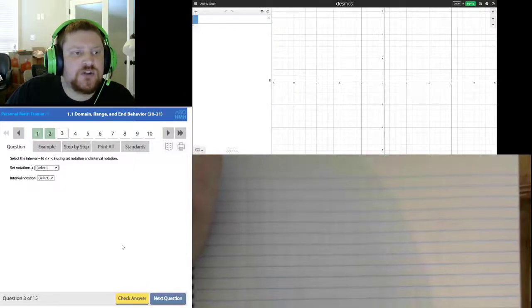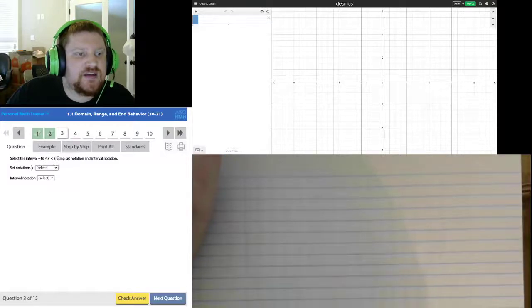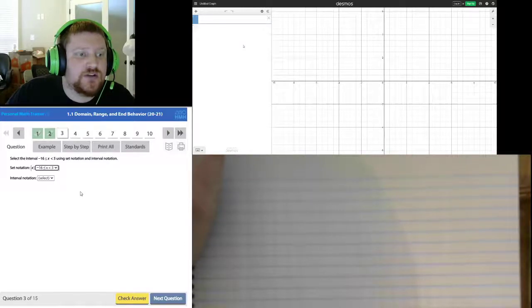Moving on to question 3, they've given us an inequality and they want us to turn that into set and interval notation. So once again, we can just take the inequality as it's written and put it directly into the set notation. So for me, negative 16 is less than or equal to x is less than 3.